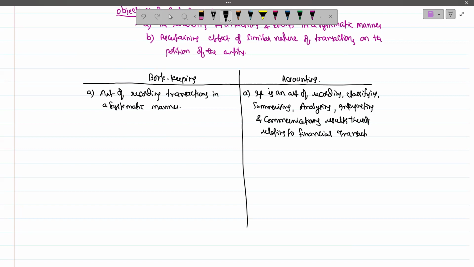Financial transactions stand for what? Only monetary transactions are considered. Only monetary transactions.